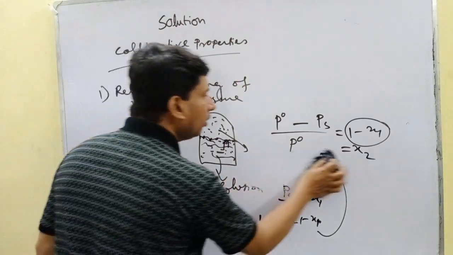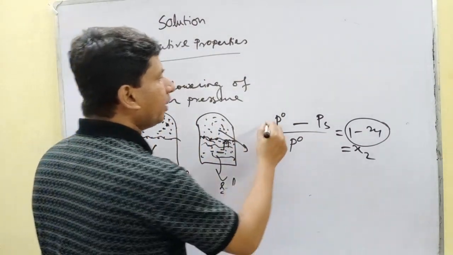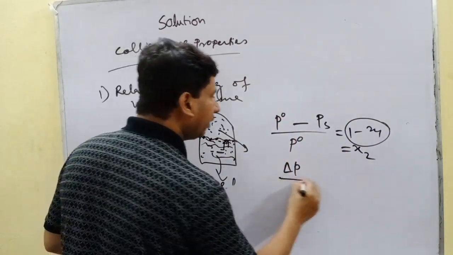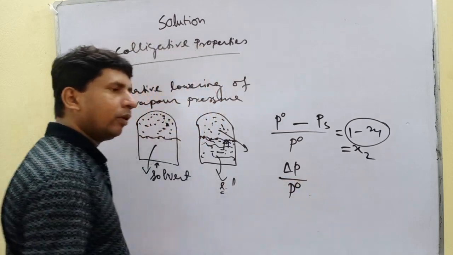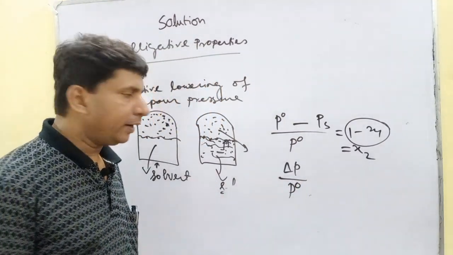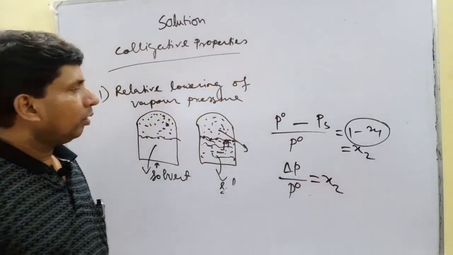So this is delta P divided by P0, where P0 is the vapor pressure of the pure solvent, equal to X2.